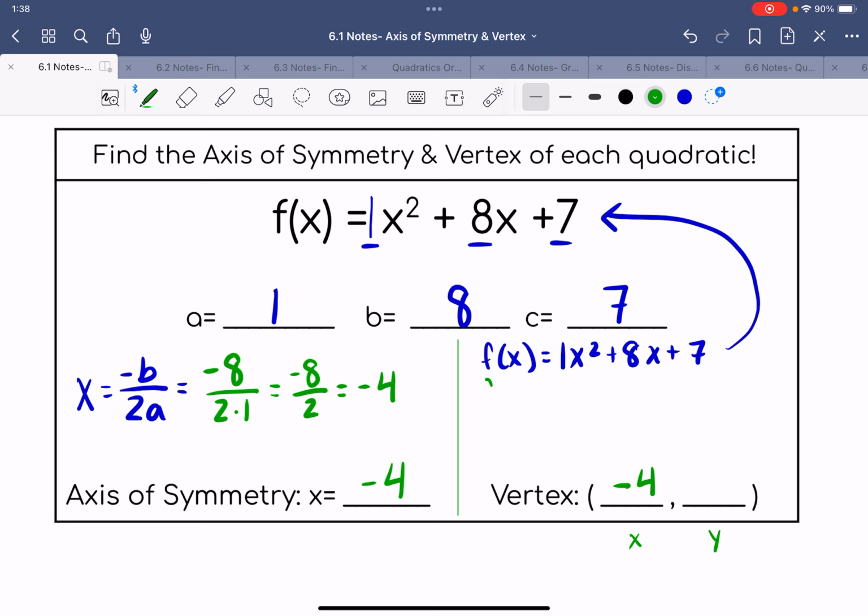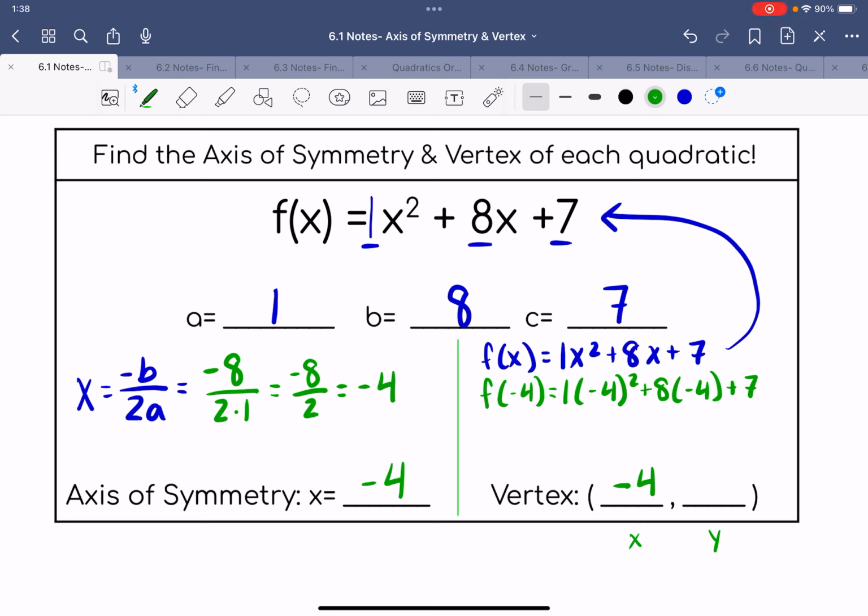So I am finding f of -4. We did that back in Unit 4, at the beginning of this semester, when we evaluated things in function notation. I'm plugging in my -4 for x. So that's going to be 1 times -4 squared plus 8 times -4 plus 7.